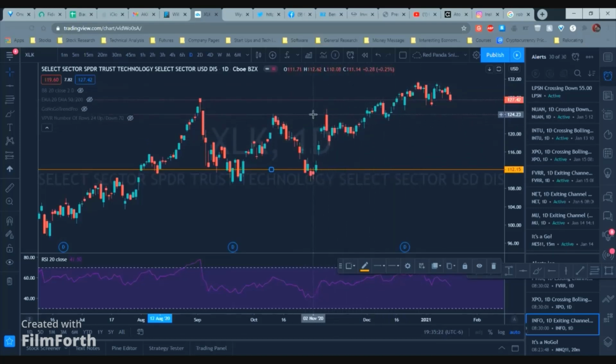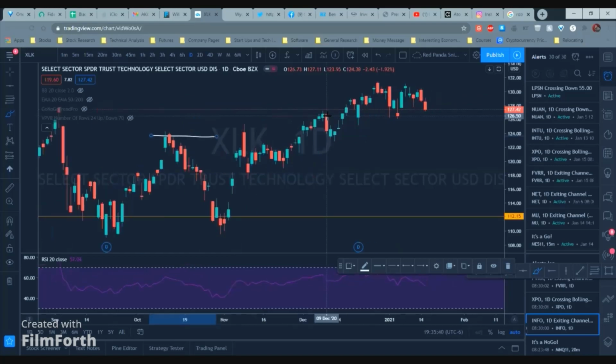And then it broke this, which would be a clear indicator. So if I had seen this break at this point, that would have been a point of interest. That would have been an area of, okay, now I'm interested in what this price is going to do.